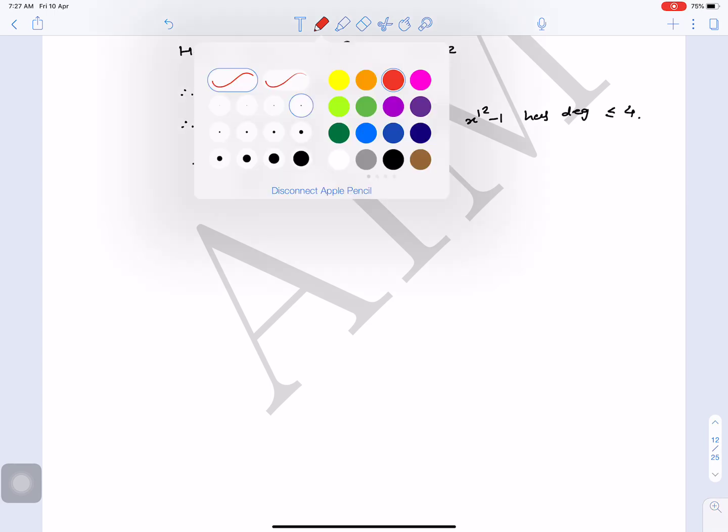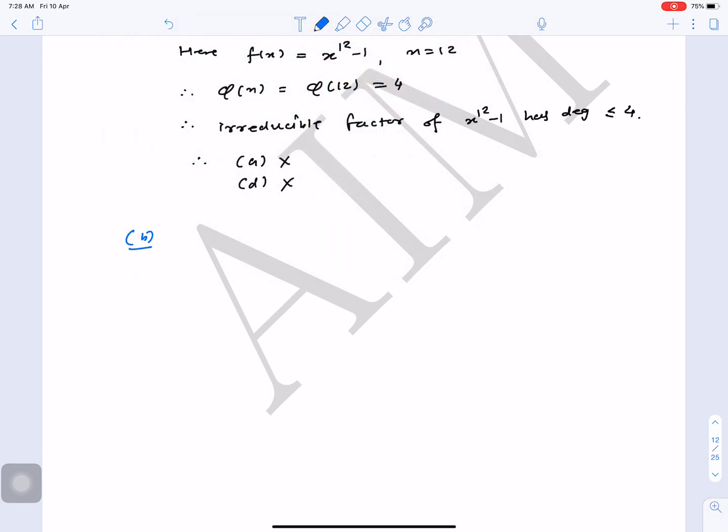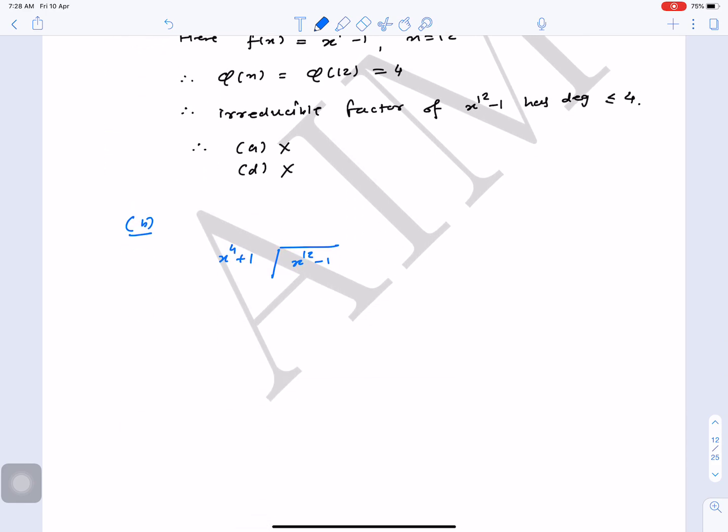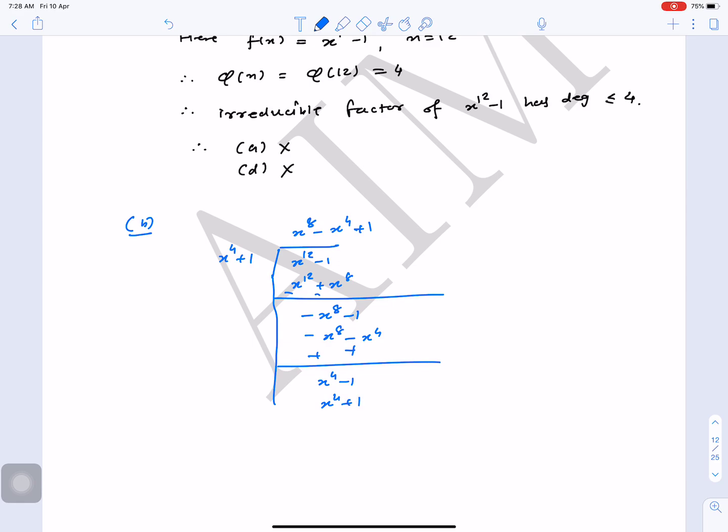Consider x^12 - 1 divided by x^4 + 1. The quotient starts with x^8: x^12 + x^8, subtract, giving minus x^8 - 1, then minus x^4 gives minus x^8 - x^4, so we get x^4 - 1, and then we get x^4 + 1 with a remainder of minus 2, which is not equal to 0.